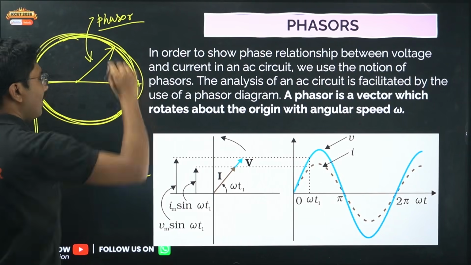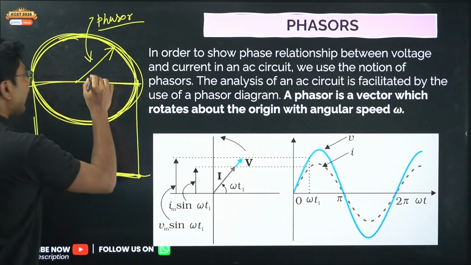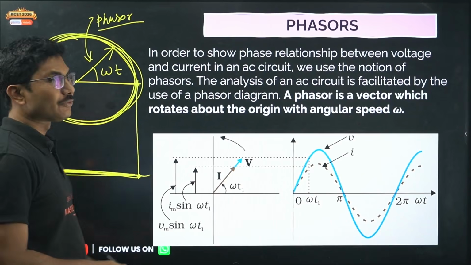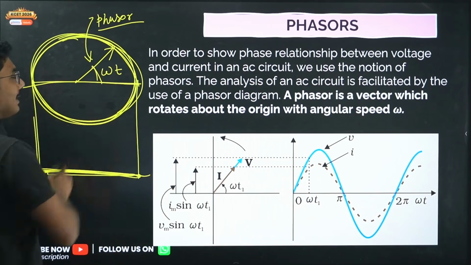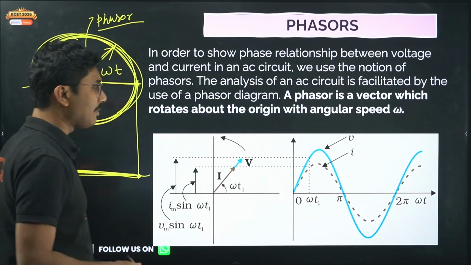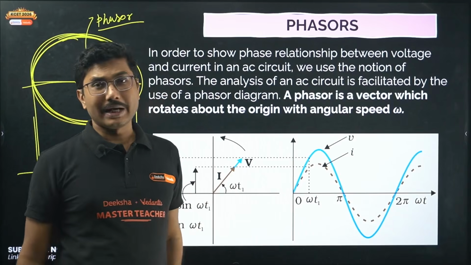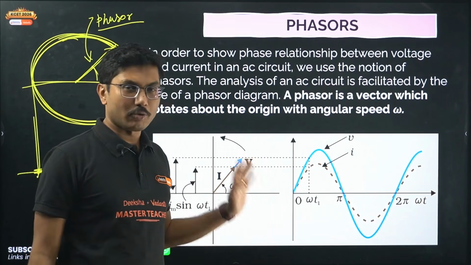Now the phase of the phasor changes with time, obviously, because the angle it makes with the axis is omega t. So at any time, whatever the angle it makes will give you the current position. Based on time, as you are progressing along the axis, you will get the omega t vector, and that will point towards the direction of that corresponding vector.